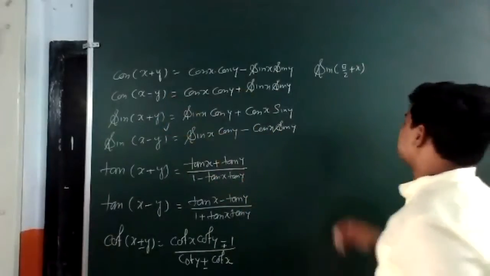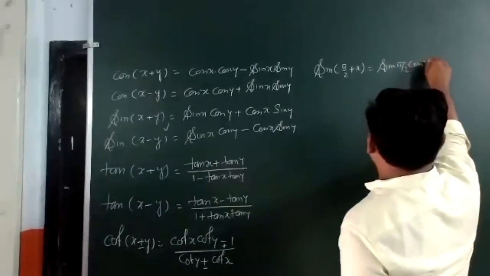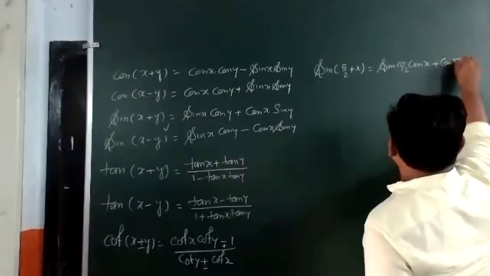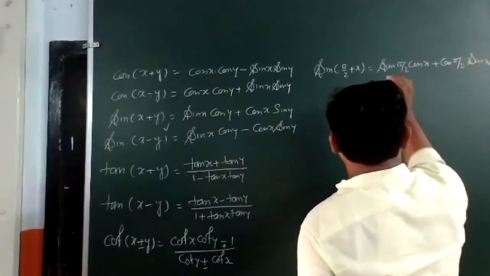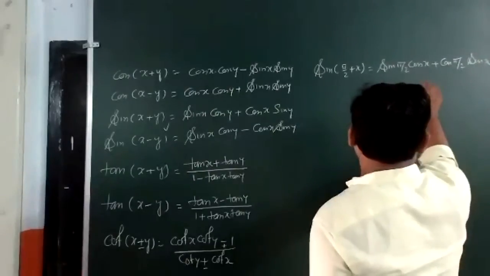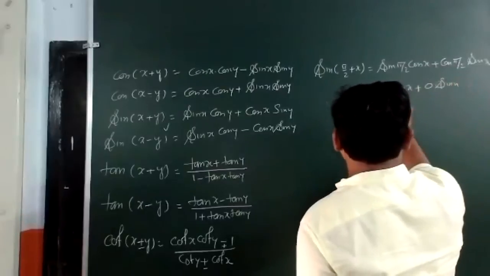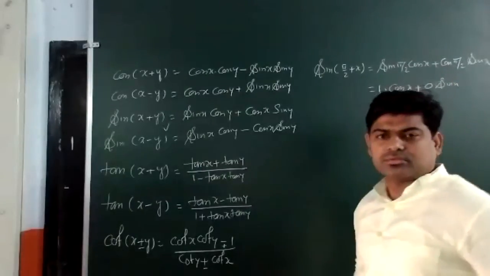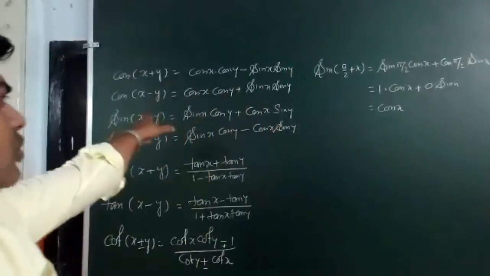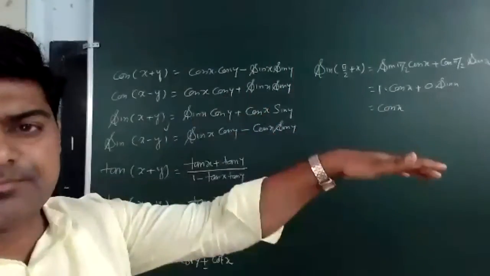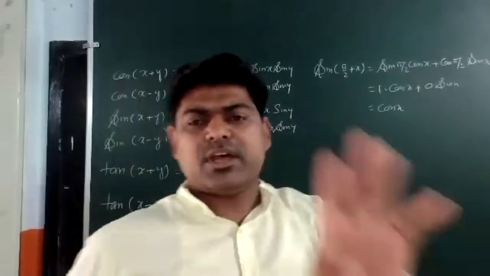He has used sine pi by 2 into cos x plus cos pi by 2 into sine x. The value of sine pi by 2 is 1, into cos x, plus this is 0 into sine x, which is equal to cos x. So all these things in your book are written with the help of this formula and given in the form of a theorem, and it is the same thing I told you in previous days with the help of the concept.